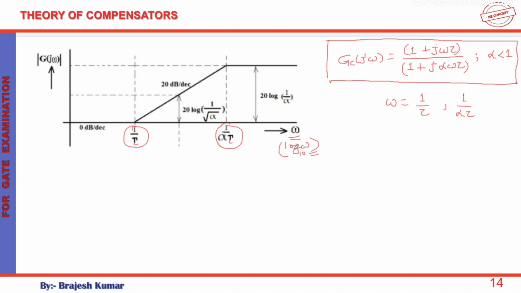We already know this, right? Because we are assuming that this has been drawn on semi-log graph sheet. On semi-log graph sheet, you take the value of omega, but it automatically is the value for log of omega with base 10, unless I specify that you have to take base 2. Clear? So in terms of decades, it is in base 10.